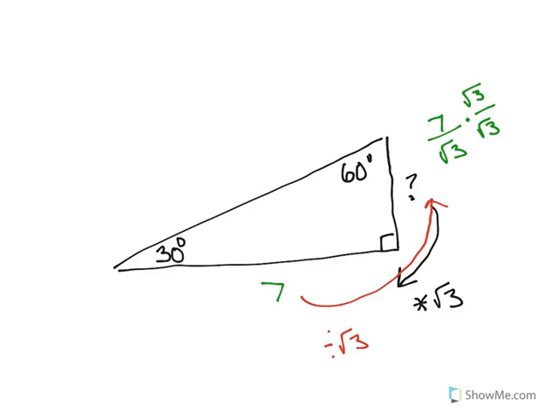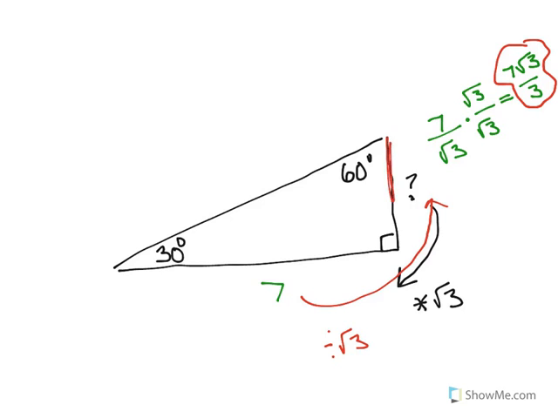So radical 3 times radical 3 down bottom, that's going to get you square root of 9, which is just 3. And then up top in the numerator, 7 times the square root of 3 is 7 square roots of 3. So there's our simplified side length, 7 radical 3 over 3.